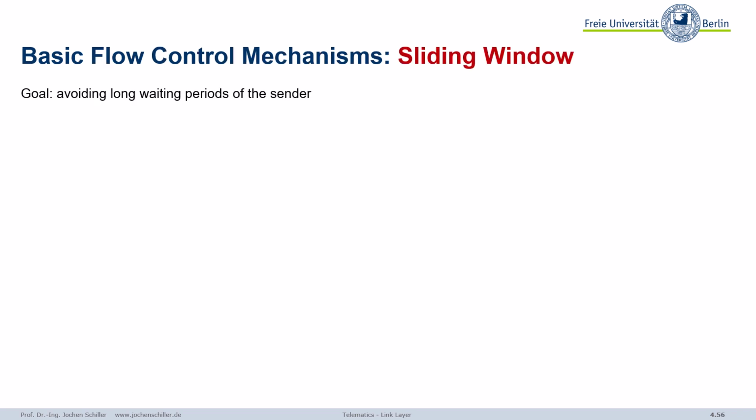And this leads us to a whole class of flow control mechanisms called sliding window. So what is the goal? If we want to send more than just one data, one frame. Assume now higher layers say, okay, send data, send data, send data, send data.